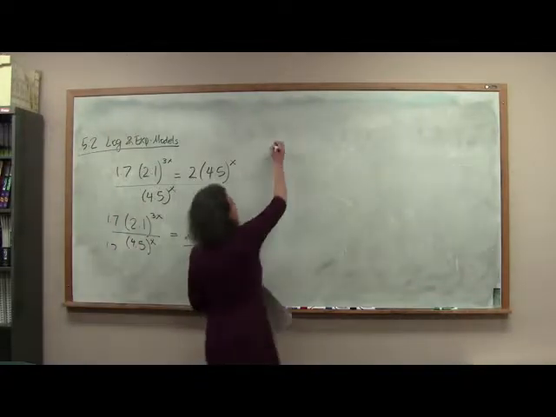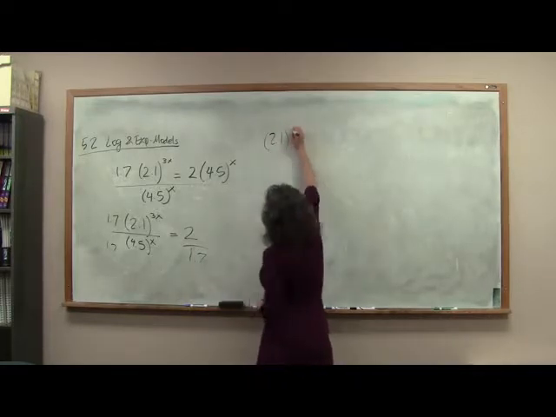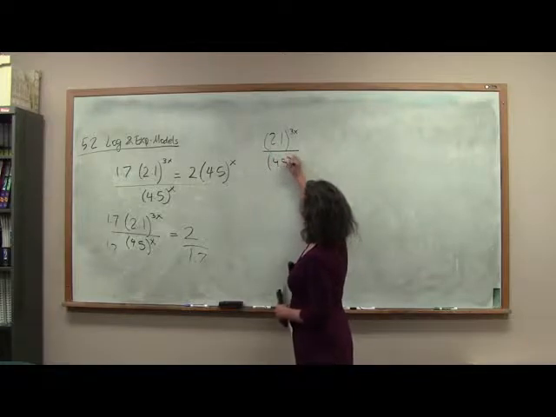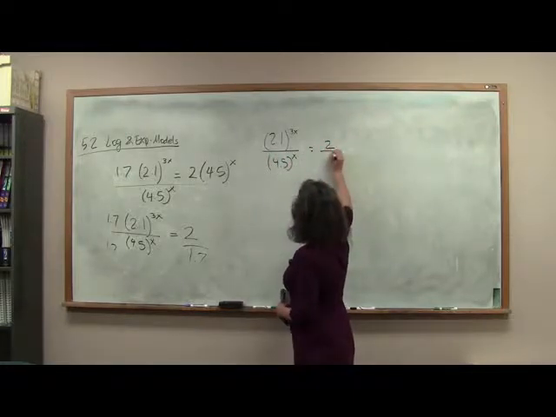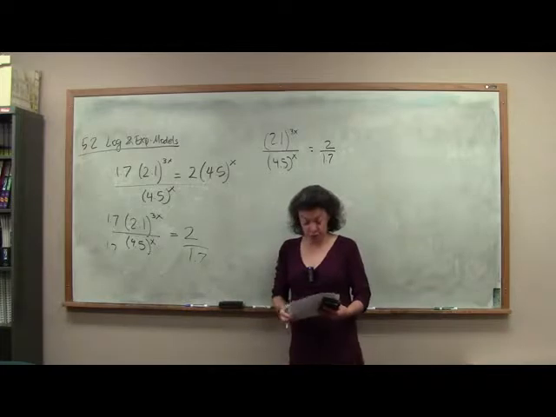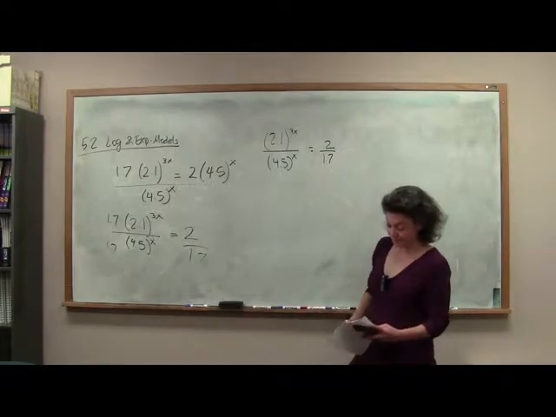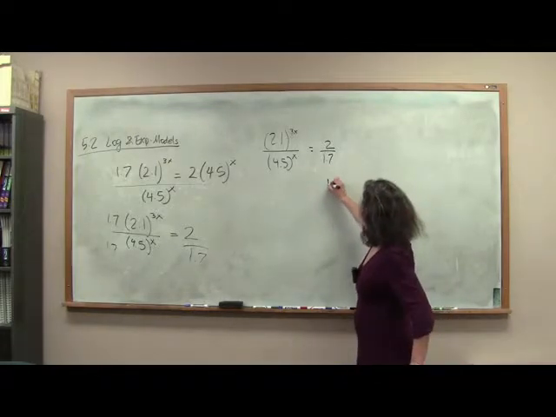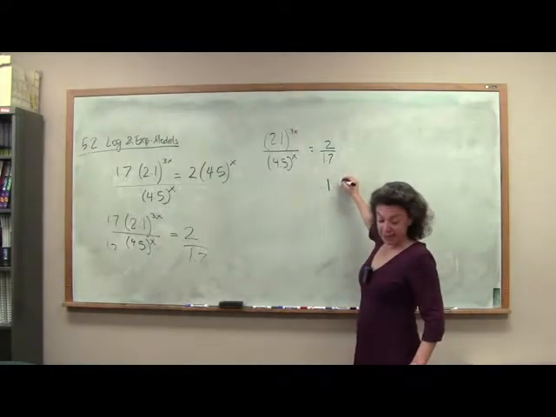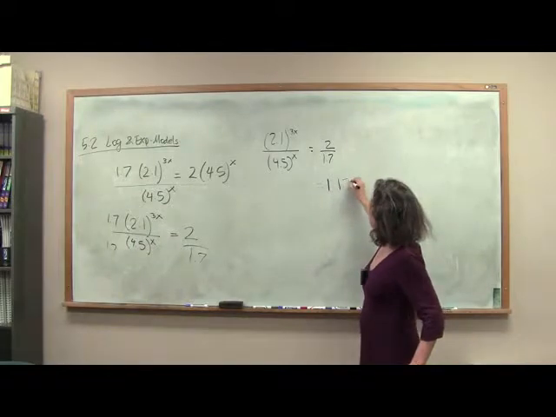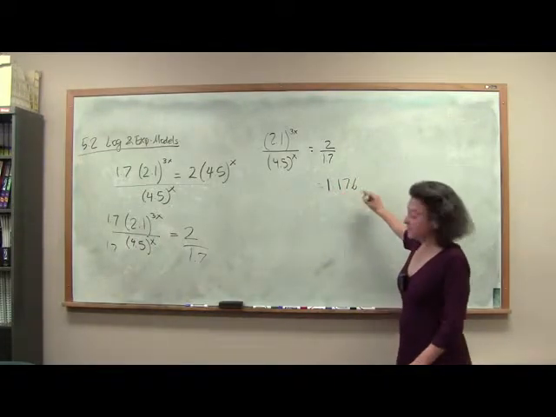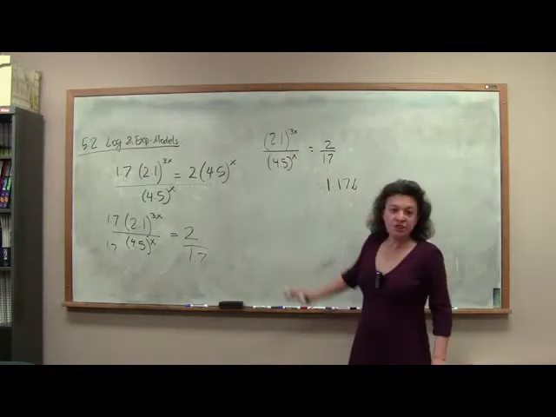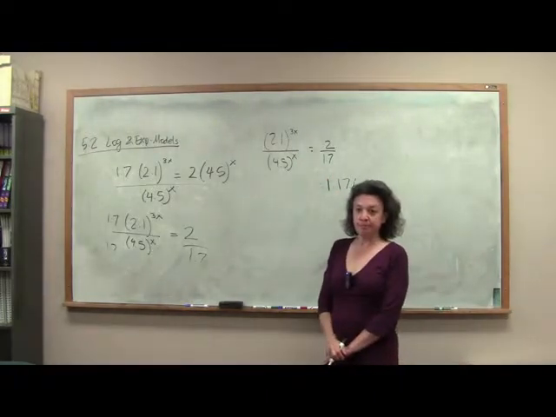If I do that, then on my left side I have 2.1 to the 3x power over 4.5 to the x power, and on my right hand side I have 2 over 1.7. Okay? Now, we can simplify our right-hand side. If you take 2 divided by 1.7, you're going to get 1.176. Okay? The question is, what do we do on our left-hand side?